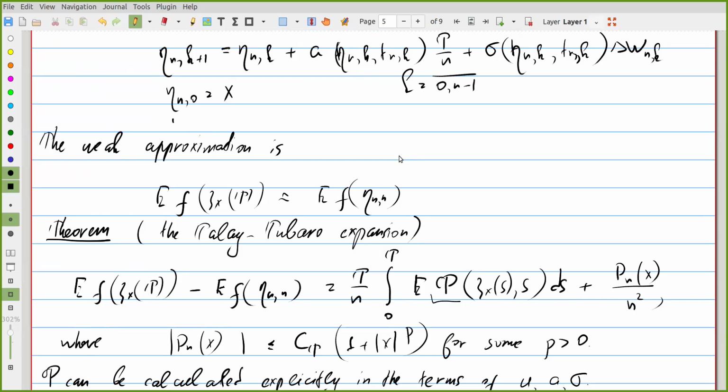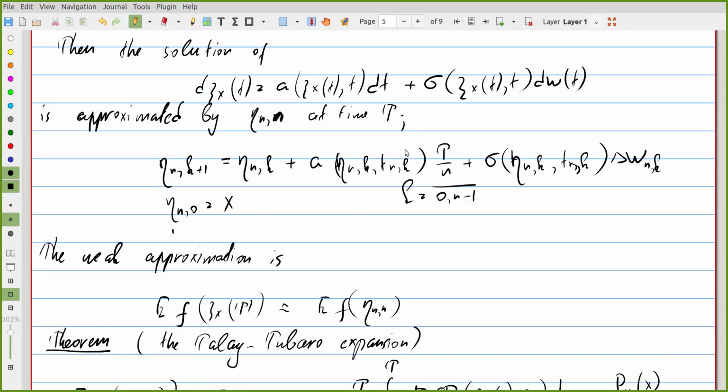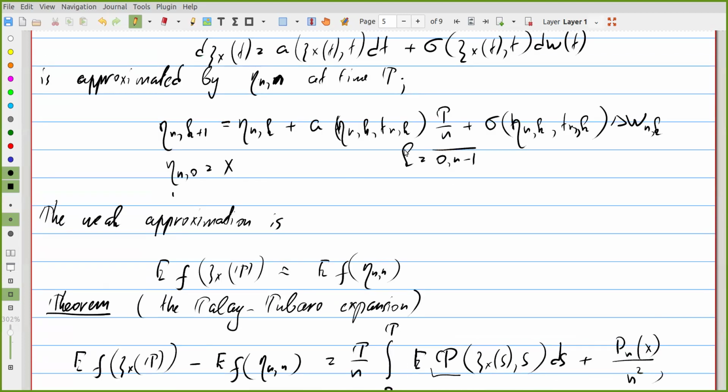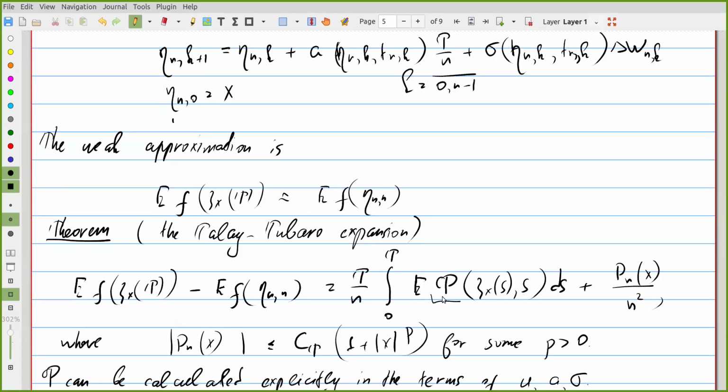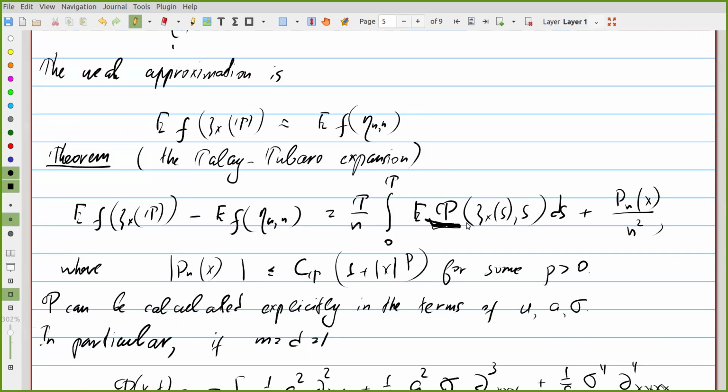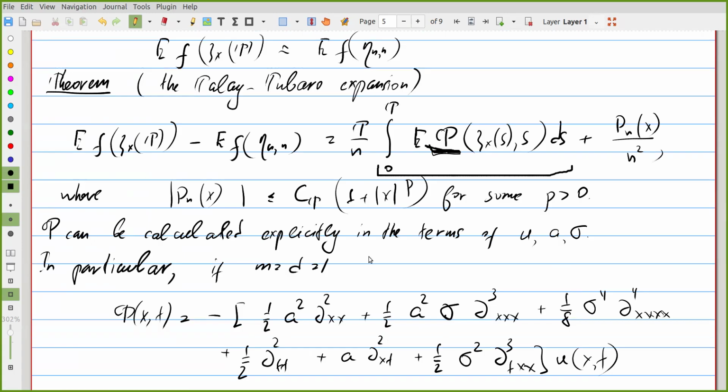I think the book of Kloeden and Platen contains an example where they investigate the case when the Milstein scheme is worse than the Euler-Maruyama scheme as a weak scheme, and they explain it in terms of this φ directly. So the possibility to know this error exactly actually has value, because this gives quite nice ways to estimate it.